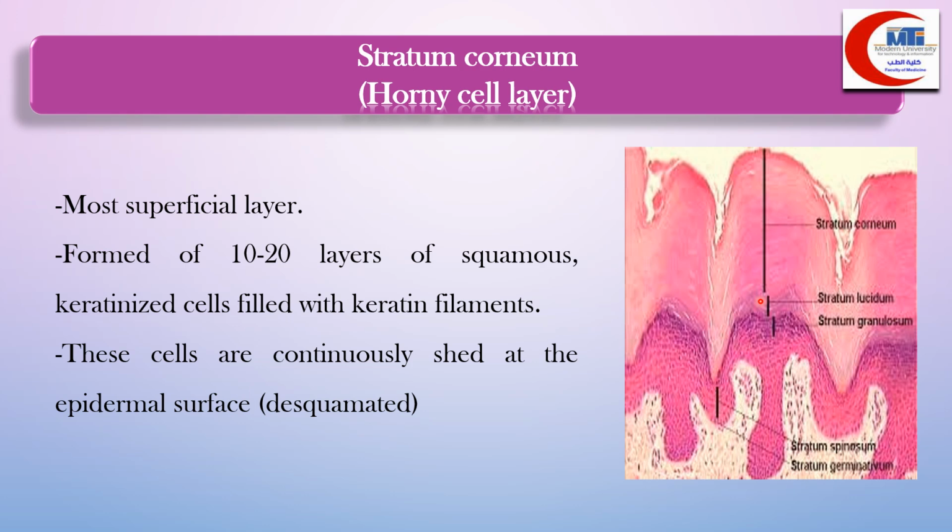These cells are filled with keratin tonofilaments embedded in an amorphous matrix. These horny cells or scales are firmly adherent to each other by remnants of desmosomes. However, these scales are continuously shed off from the surface and become replaced by new ones from the deeper cells by mitosis.